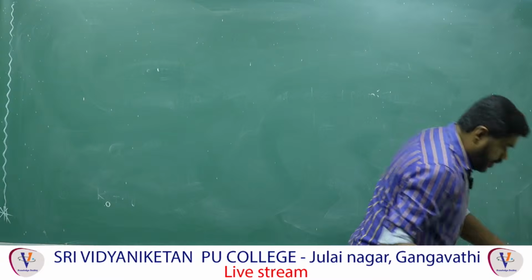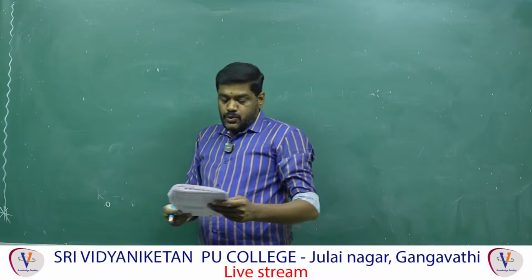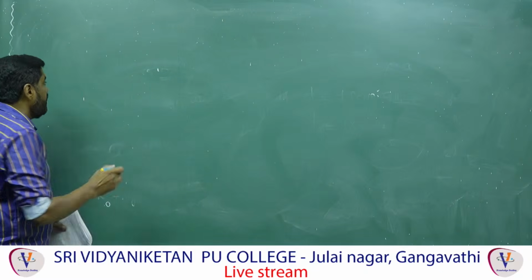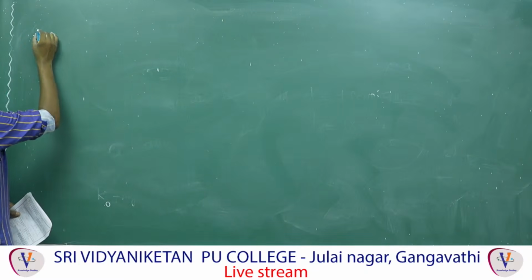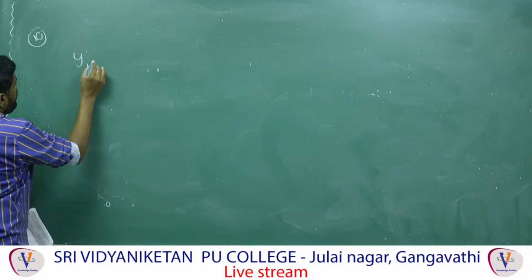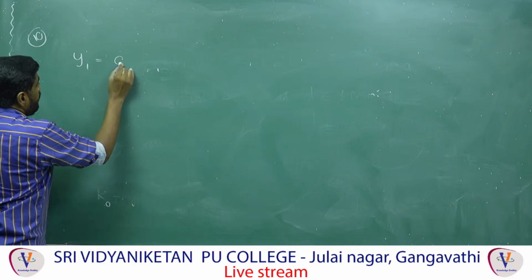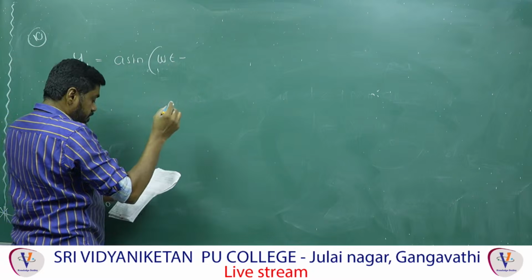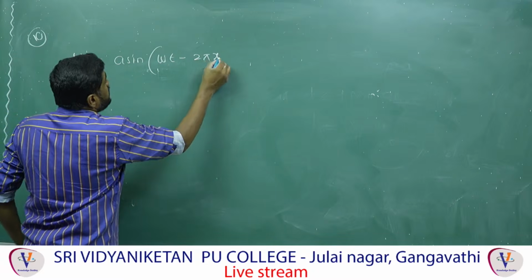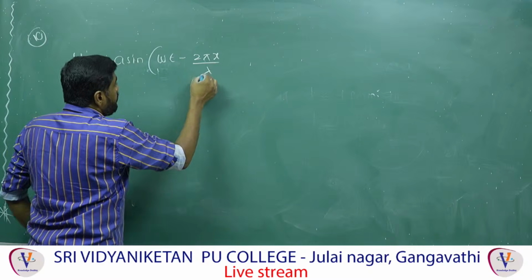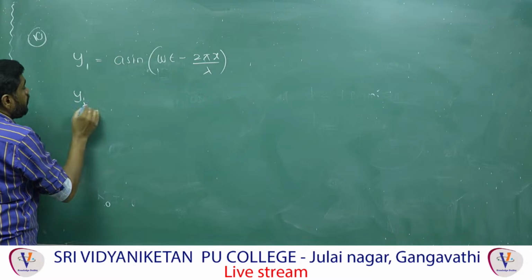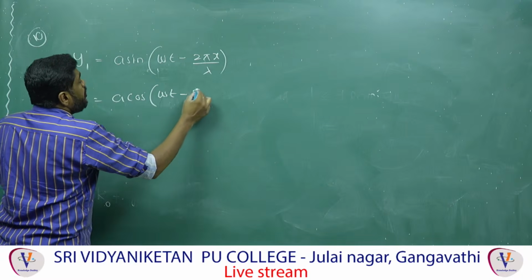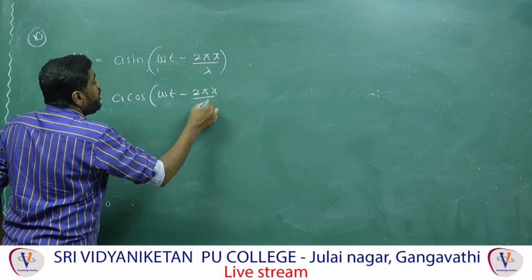Next, question number 10. They are asking for the path difference between the waves. The given equations are y1 equal to a sine of omega t minus 2 pi x by lambda, and y2 equal to a cos of omega t minus 2 pi x by lambda.